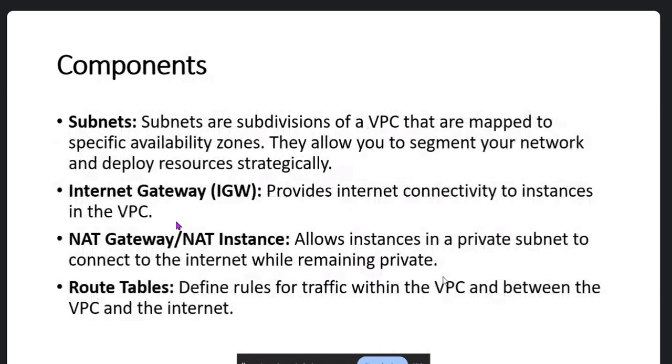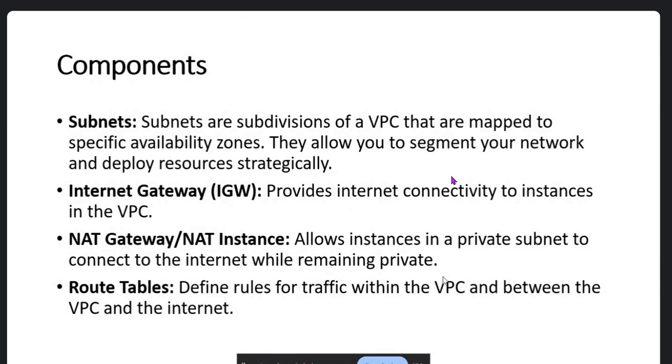So internet gateway and NAT gateway, right? Would you simplify the difference between these two? Yes, the internet gateway provides the internet connectivity. The internet gateway will go with a public subnet, so it allows you to access the internet, while the NAT needs a private subnet to connect to the internet.